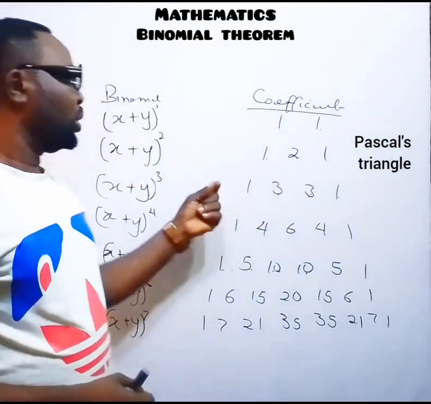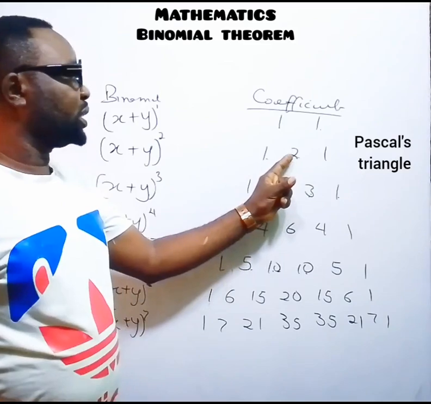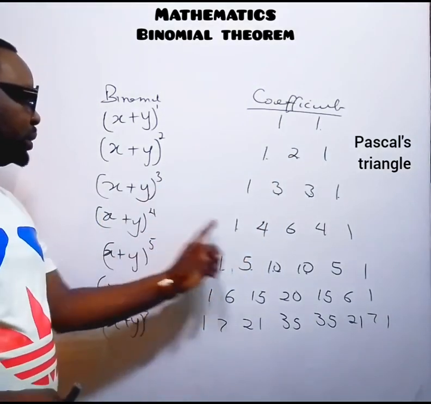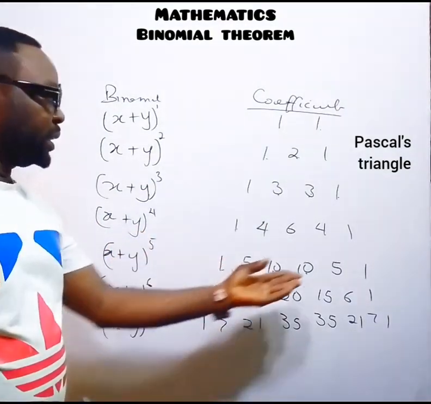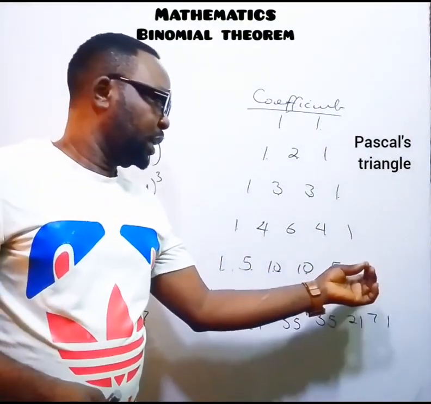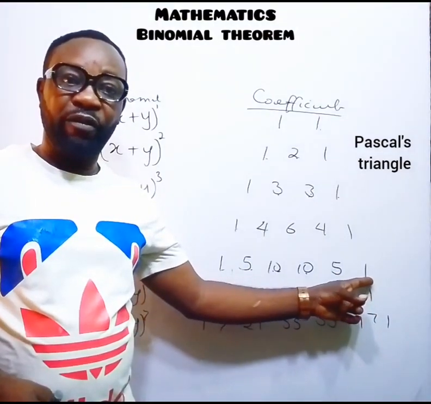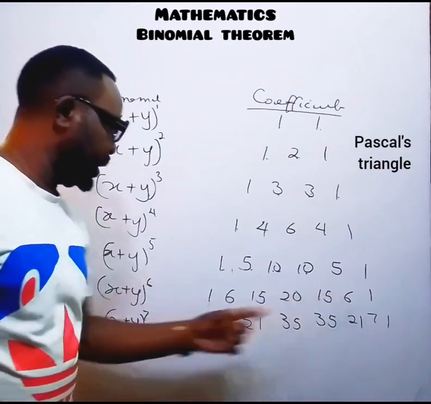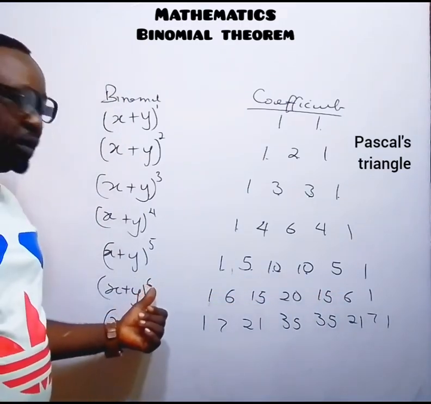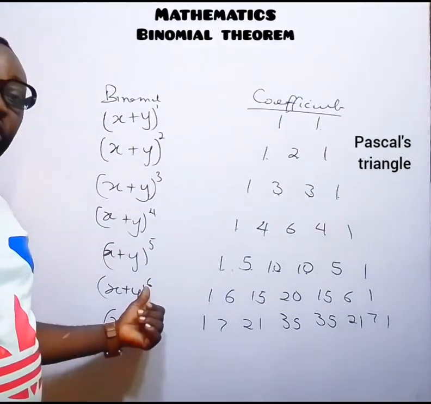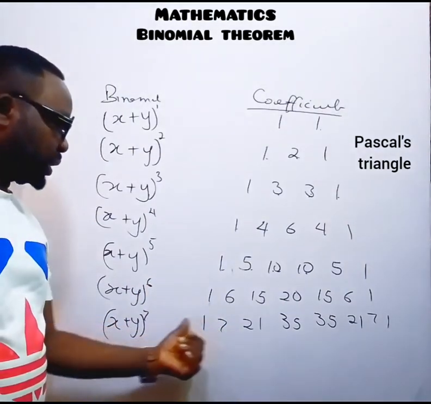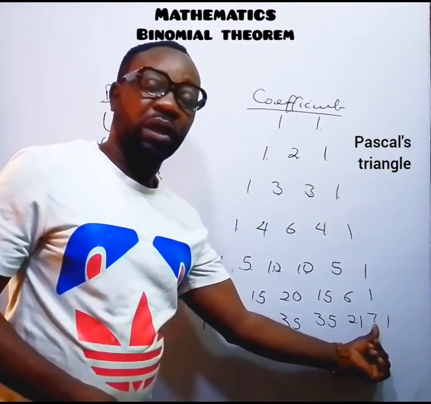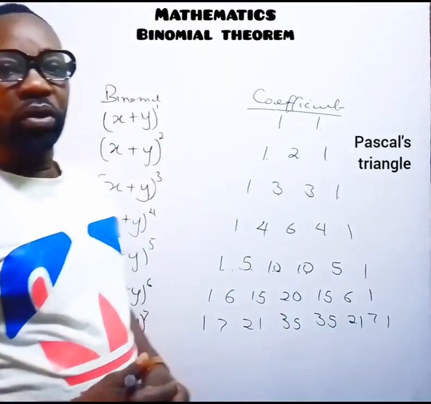You discover that the second term has the power that we have on the expansion we are about to do. And the second term preceding the last value is also equal to the power of the expansion. You can see it. The second term here is 7. The second to the last is as well equal to 7.